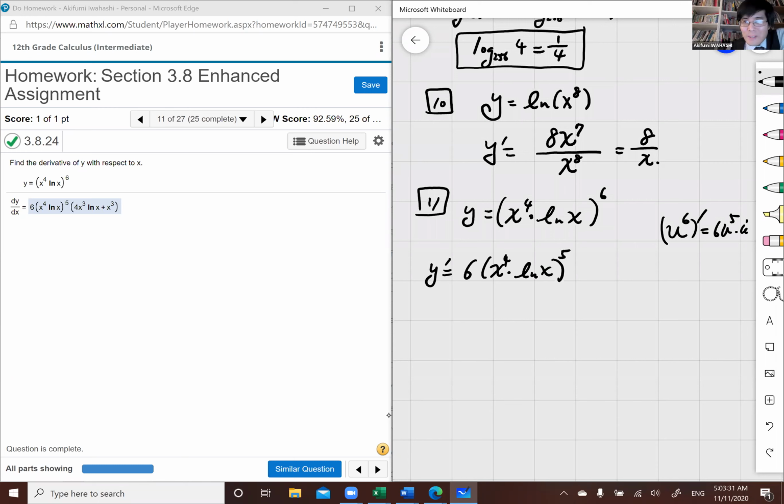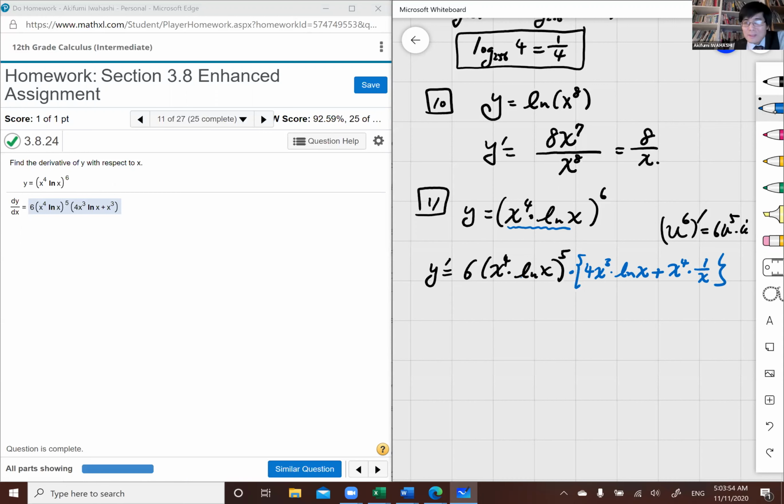Up to here is okay. Now you have to multiply it by the chain rule, the derivative of the inside, for which you have to use the product rule: left differentiated times right plus left times derivative of the right.